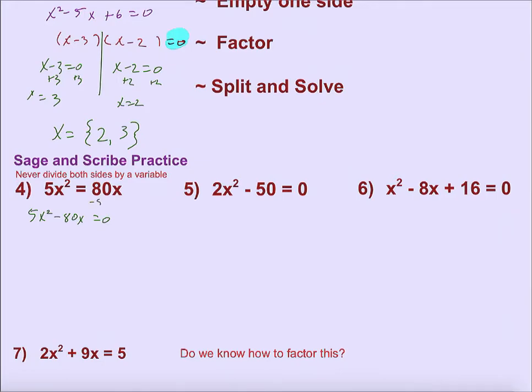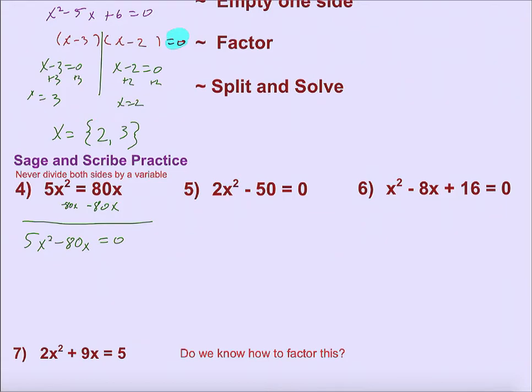Notice how when I subtract 80x here, I can't really put minus 80x under 5x squared because they're not like terms. So when I subtract 80x, I'm going to do it just a little bit off to the side. That way, when I write down my next step, I'll know not to do 5 minus 80. I can't combine those terms because they're not like terms.